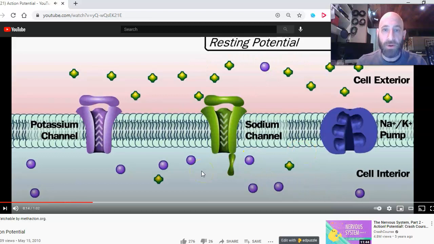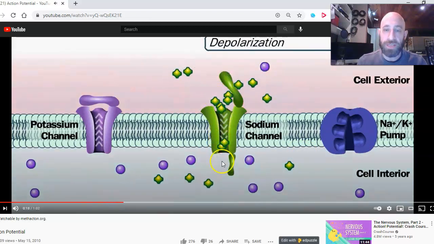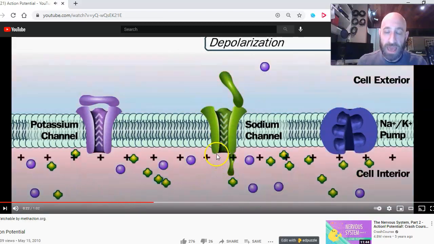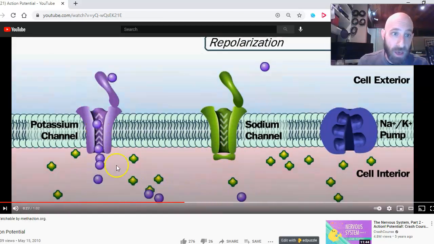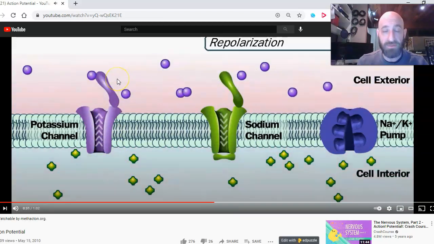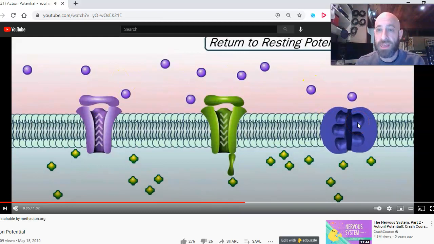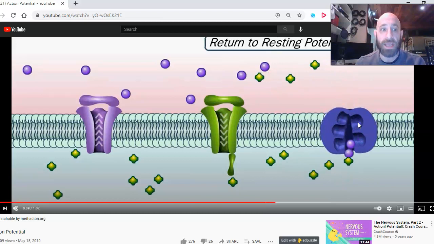But now we have our impulse, and that causes the sodium channel to open, sodium floods in. We have the inactivation gate close, preventing any more sodium from getting in. The potassium channels open, potassium floods out, bringing it back down to that negative value of negative 70. And then our sodium-potassium pump kicks in and puts everything back where it was before, so this can go through another action potential.